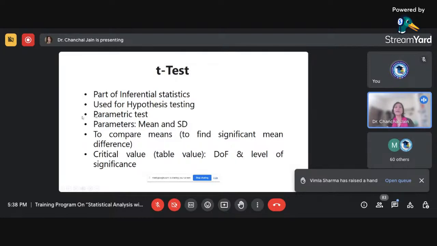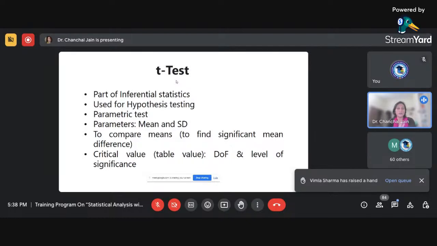Now, to get the table value of the t-test, as yesterday, I think you can recall this when I was discussing the decision rules. I said that if we want to make a decision to accept or reject the hypothesis, and if I want to decide using manual calculation, in that case, we need to have the tabulated value, or the critical value.